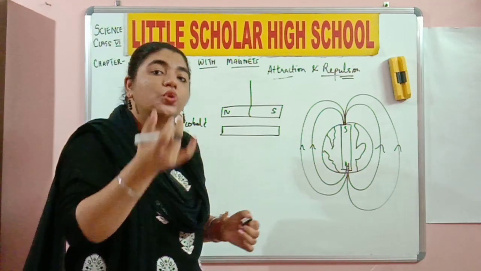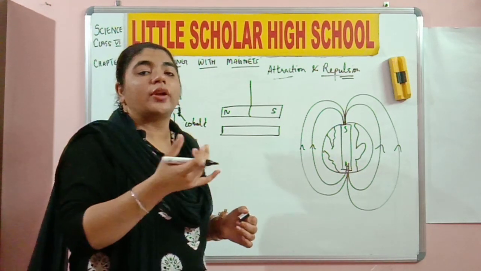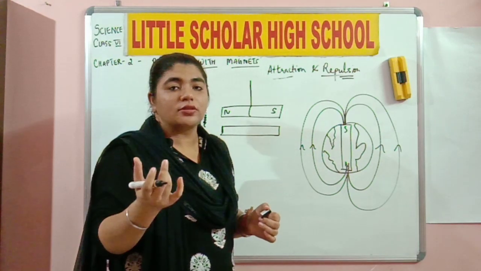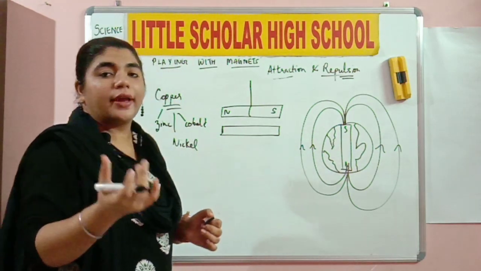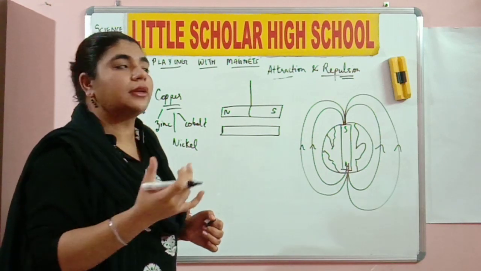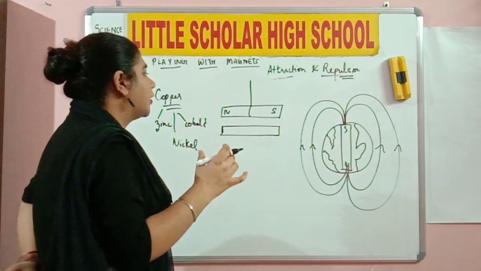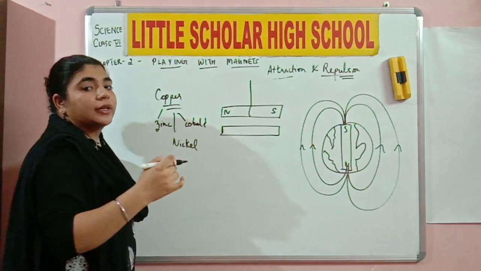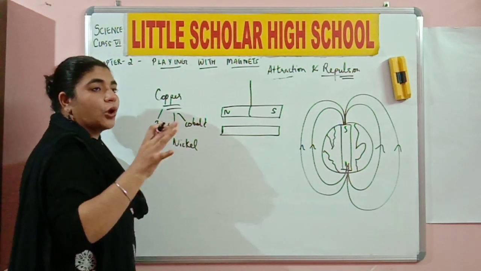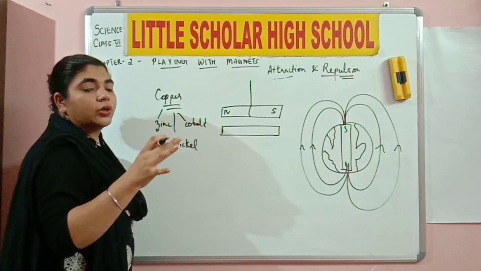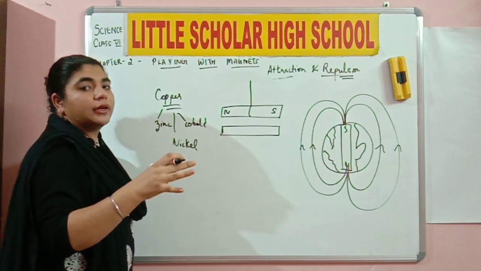And if that is used to make coins or any other products, then those coins or products are going to be magnetic in nature. This is just an example, not a part of the textbook, but for general awareness. So pure copper or pure gold is never going to be magnetic in nature.